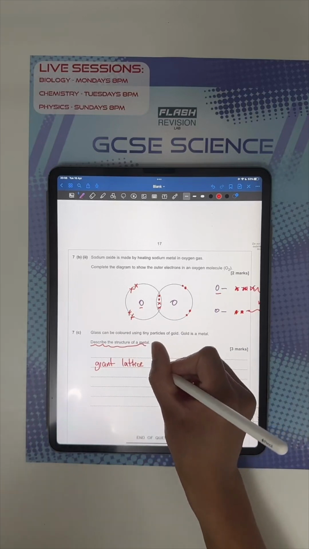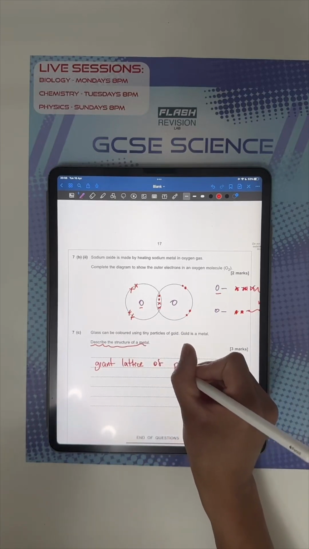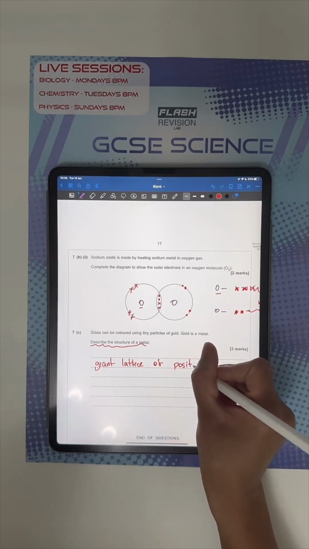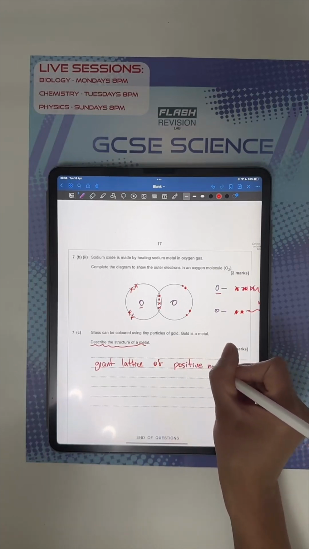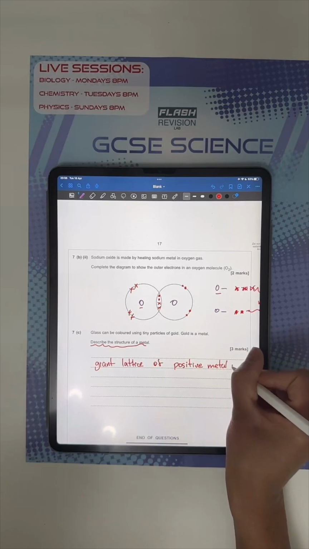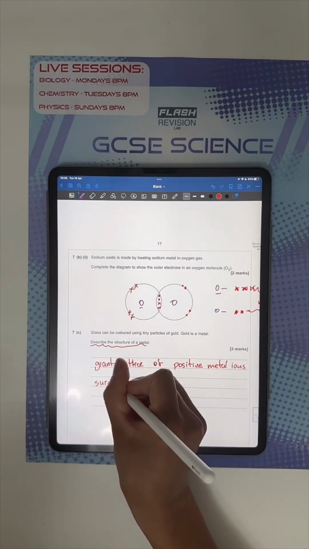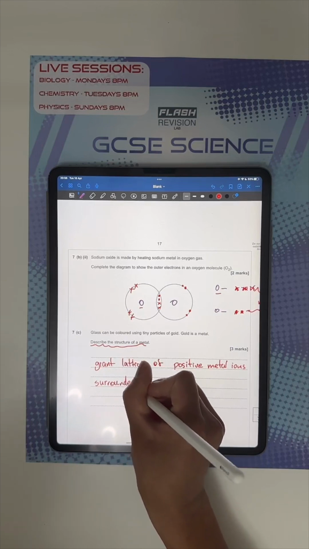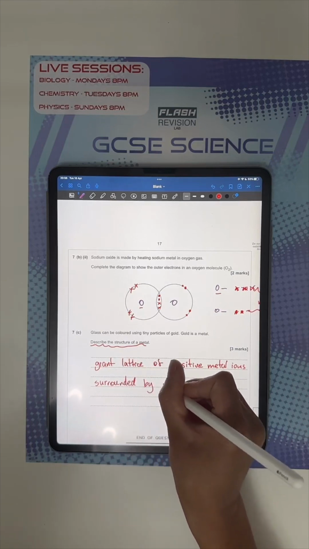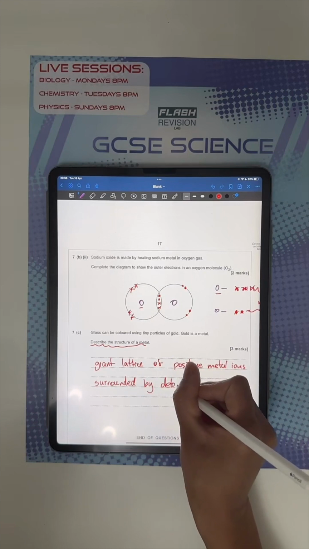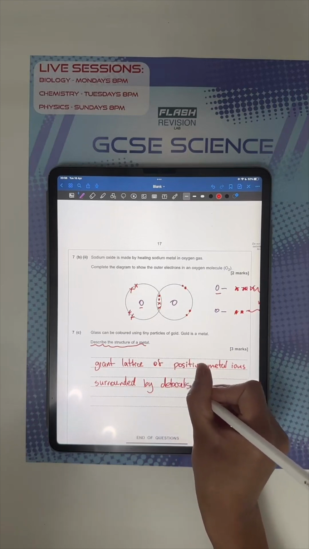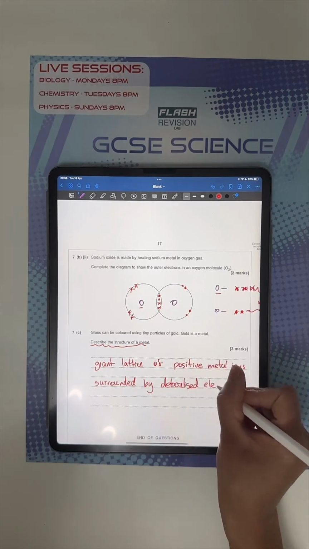Second mark is to say of positive ions, so the positive metal ions. Surrounded by delocalized electrons.